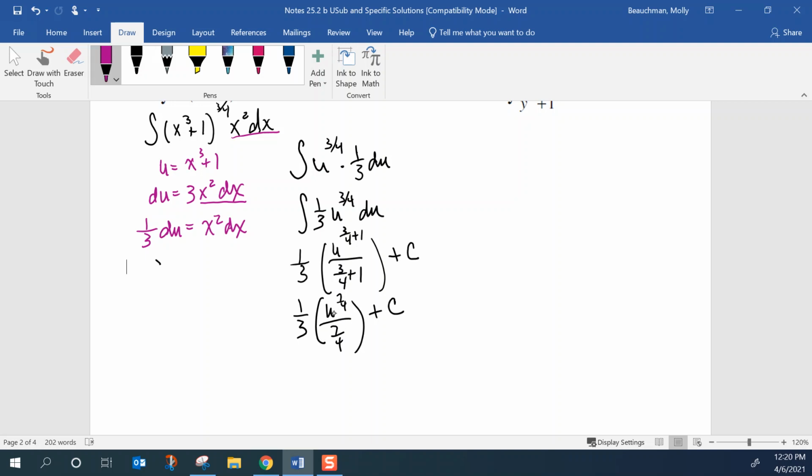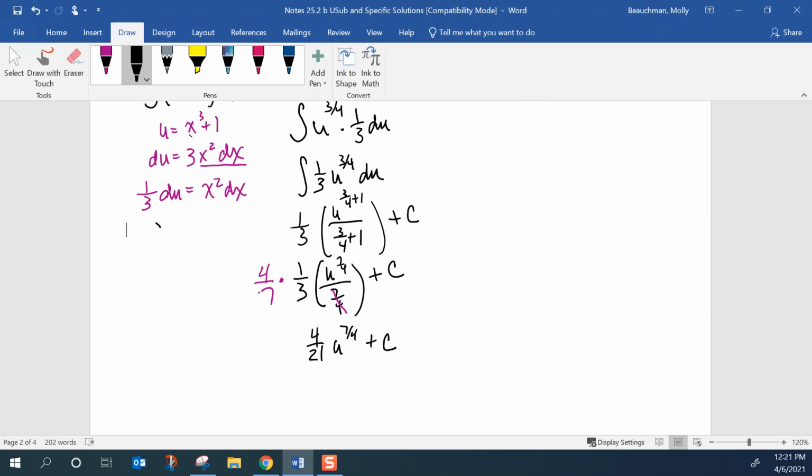Simplify our expression. u to the 7/4 divided by 7/4 is the same thing as times 4/7. And I end up with 4 over 21 times u to the 7/4 plus the arbitrary constant. And the very last part is substitute for u the x to the third plus 1 from the original expression. So I get 4 over 21 times x to the third plus 1 to the 7/4 plus the arbitrary constant.